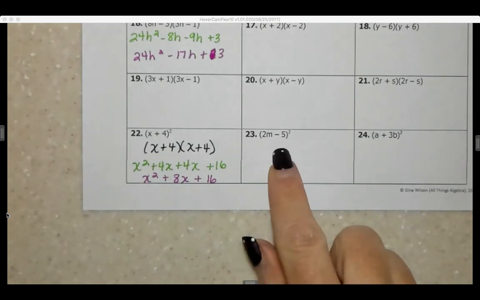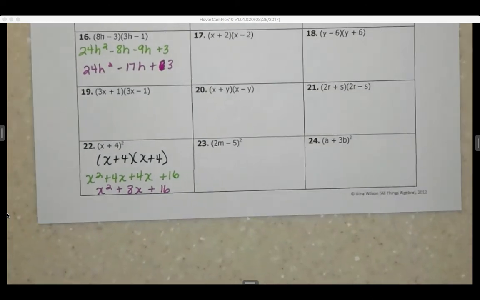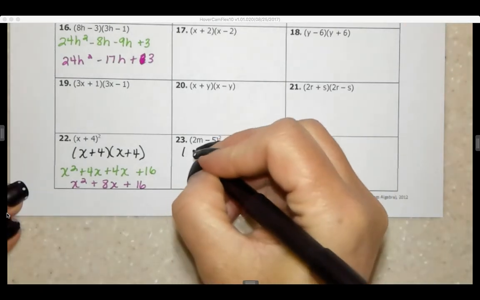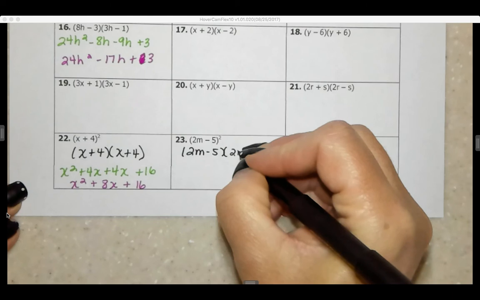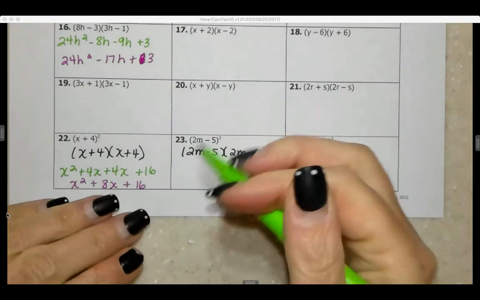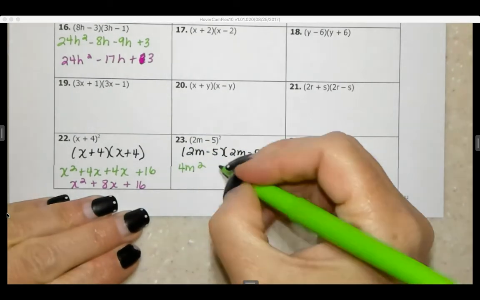Let's do one. I want to do this one because there's a negative involved, and why not? So 2m minus 5, that whole quantity squared. Here's what it means. Okay. First, outer, inner, last. First. Outer.